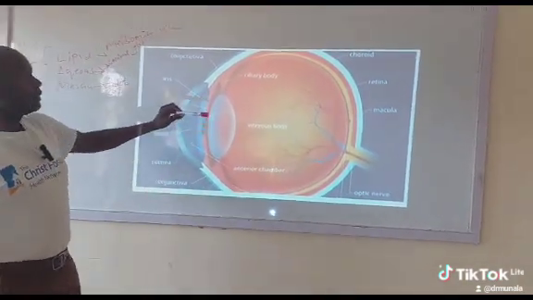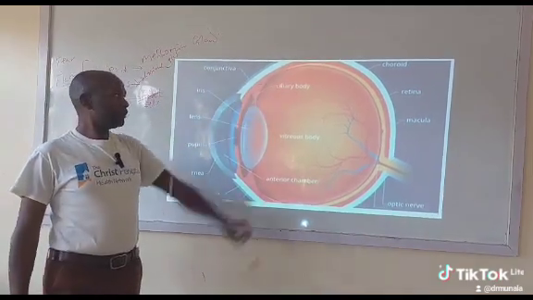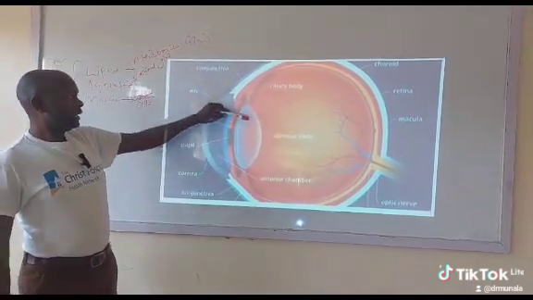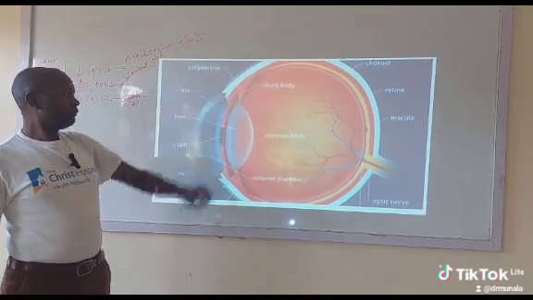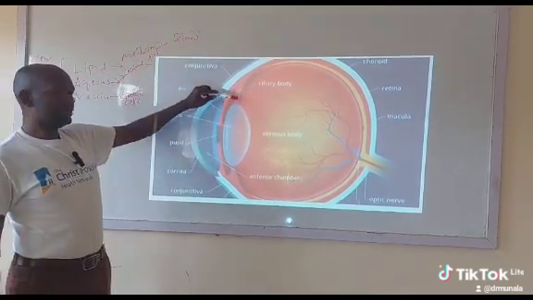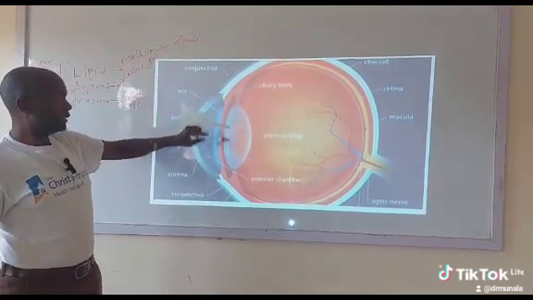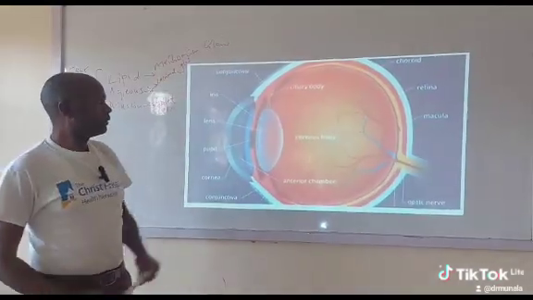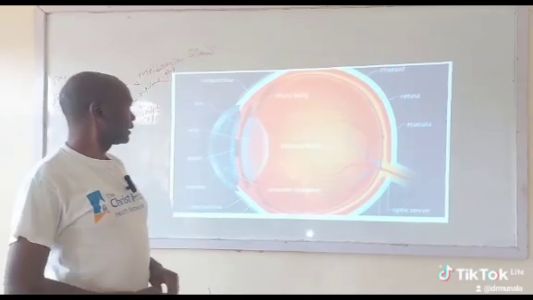Before we conclude, we can mention something about the ciliary body. Between the ciliary body and the lens, you can see a structure that is linking the ciliary body and the lens. These structures are what we call the suspensory ligaments.